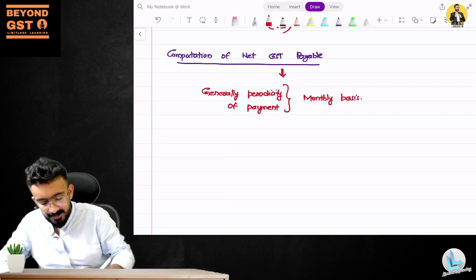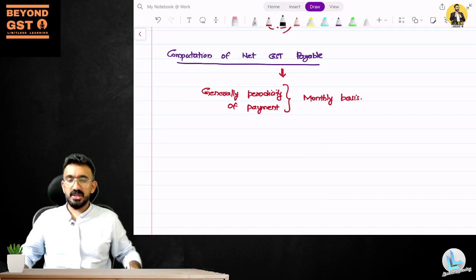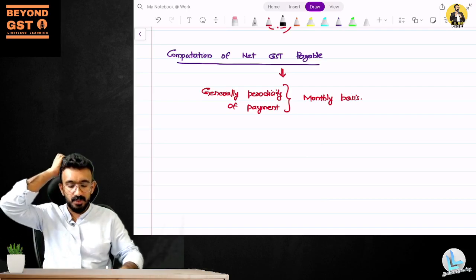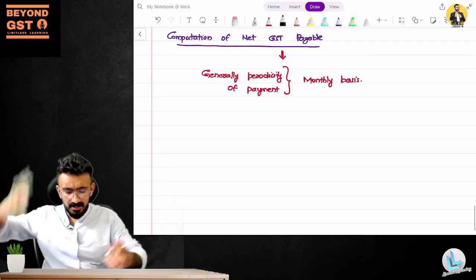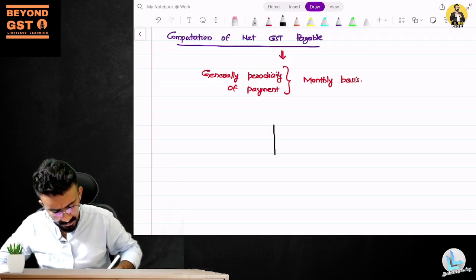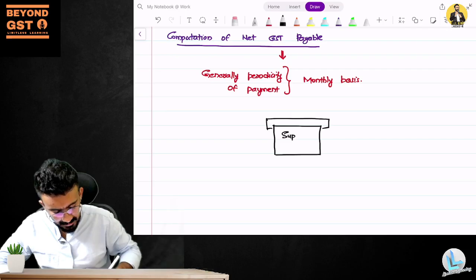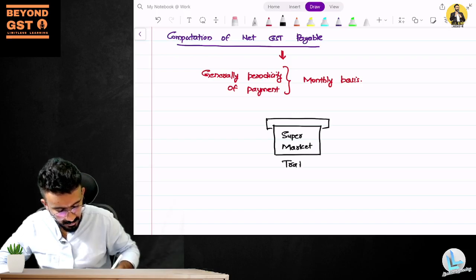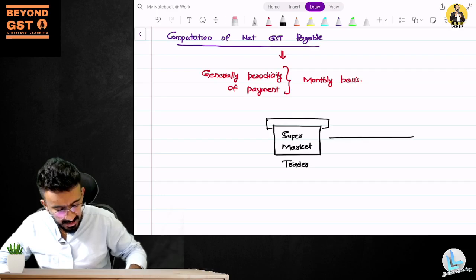So on a month-on-month basis, the suppliers will have to compute what is the net GST they have to pay. What do you mean by net GST? Suppose a supermarket is the supplier. Supermarket being a trader will make supply to customers.